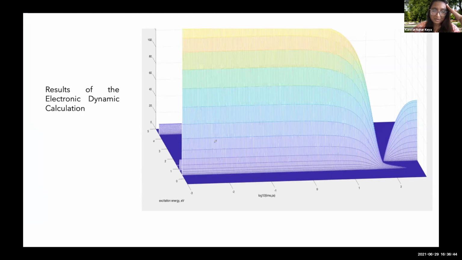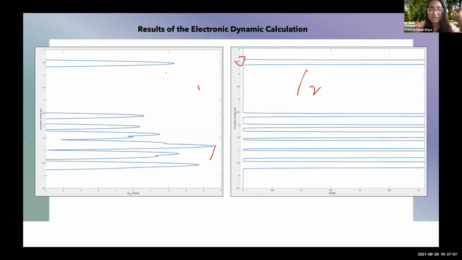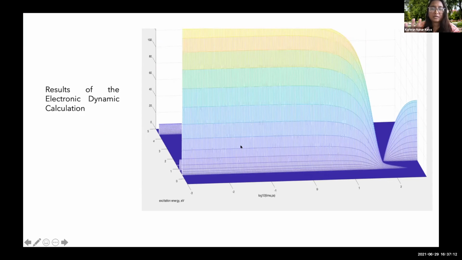There are several graphs. Obviously in this kind of graph there are several excitation energy plots, this one in the logarithm scale but in the z direction. From my observation, what I understand is that the figure I showed here is in a different position, right, Professor?